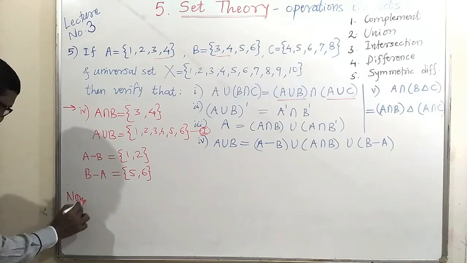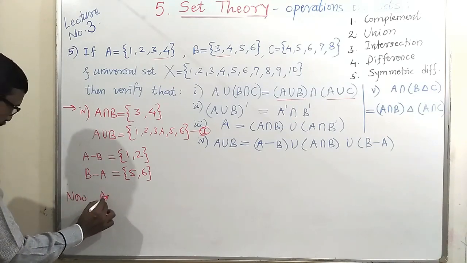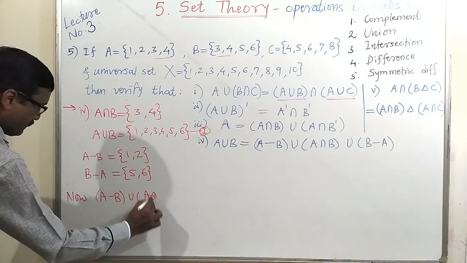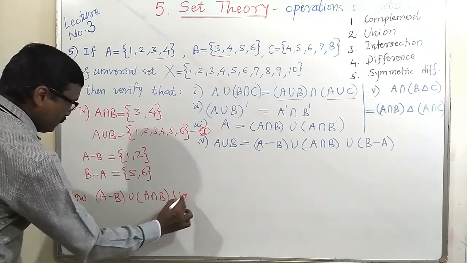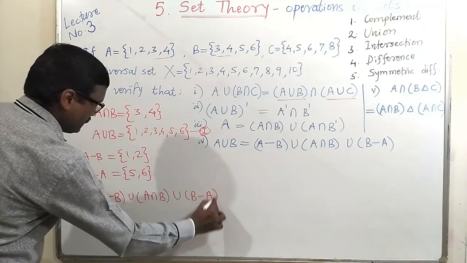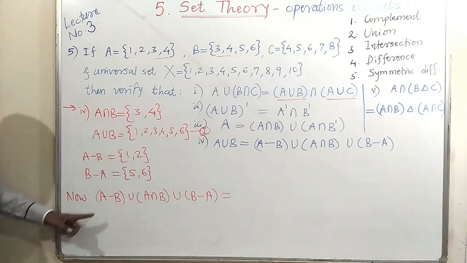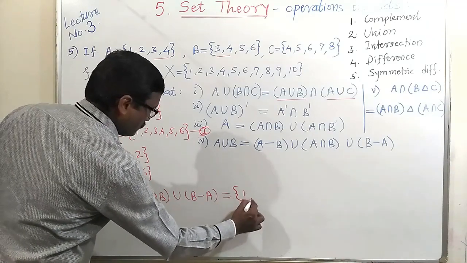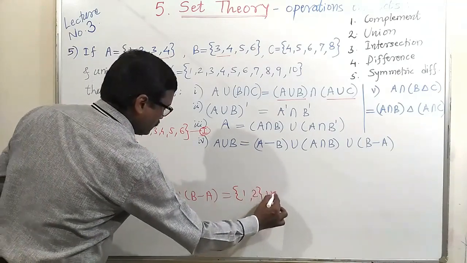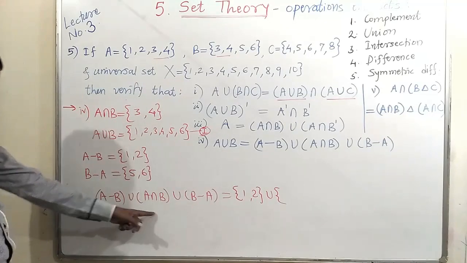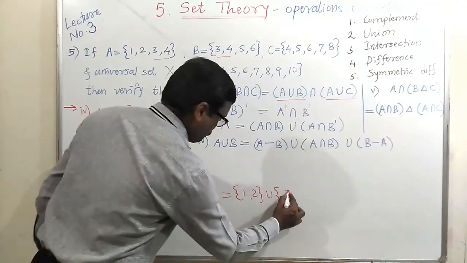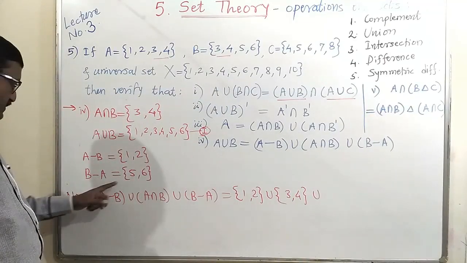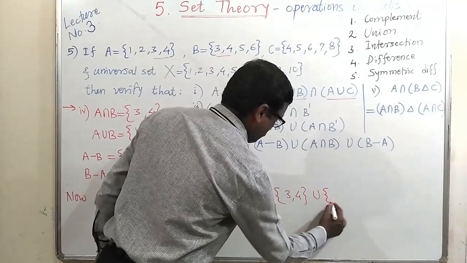Now union of A difference B union A intersection B union B difference A, it is equal. A difference B is 1, 2, union A intersection B is 3, 4, union B difference A is 5, 6.